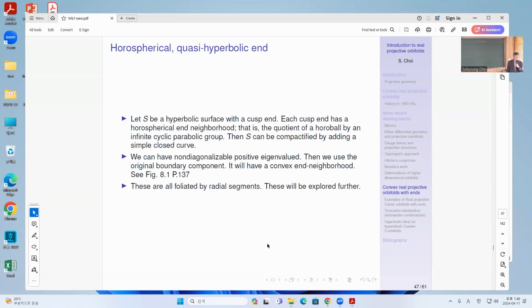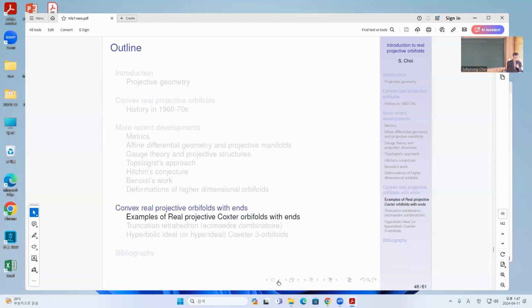Of course, the parabolic ones have only one eigenvalue, but there is one with 2 eigenvalues which are not diagonalizable. Those also exist, but these are all foliated by radial segments. These are also classified by Marquis.